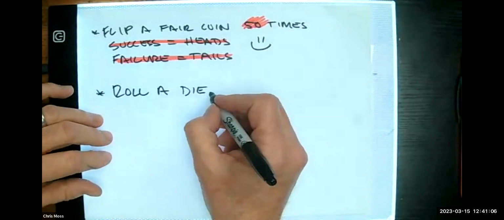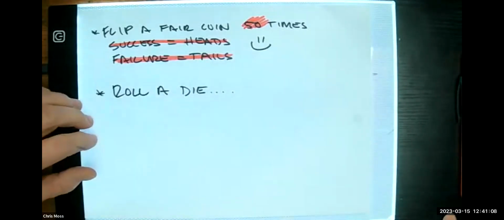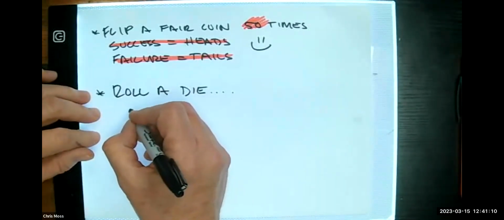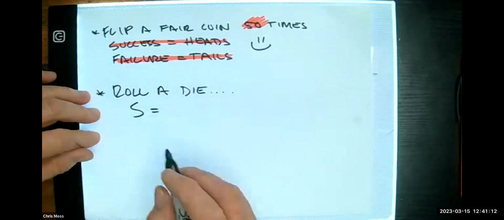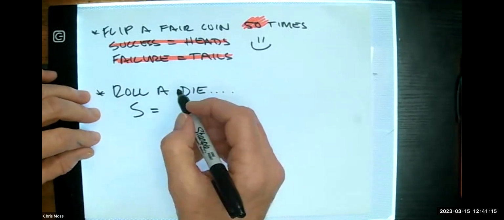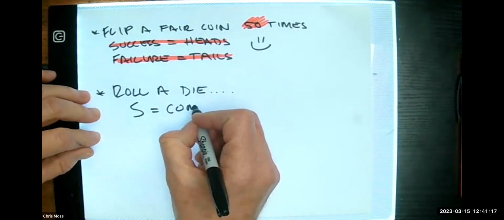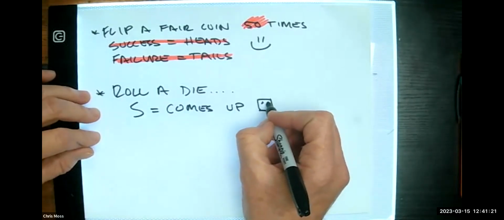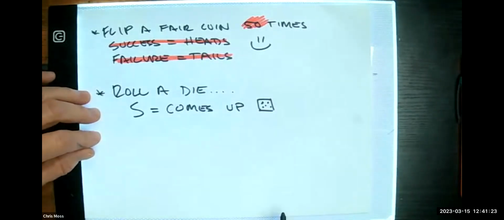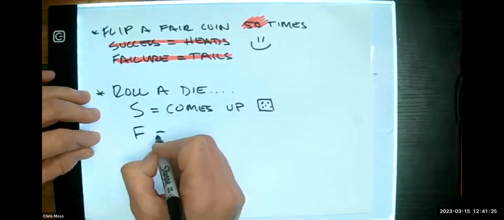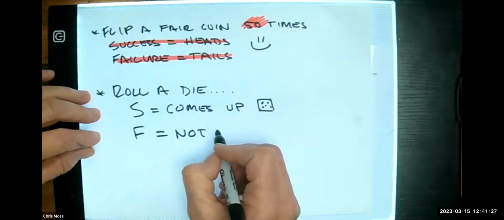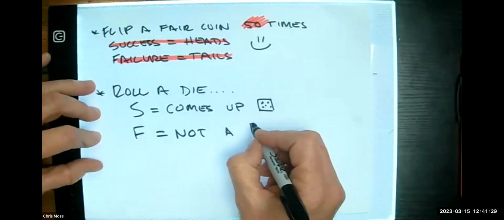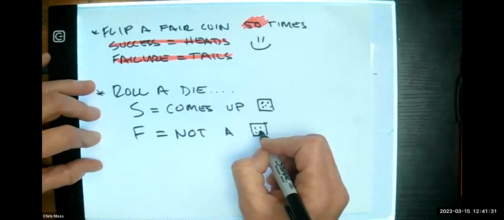Roll a die, and we're going to let success, I'm going to use the letter S now, equal that the die comes up with a 5. F, not a 5.